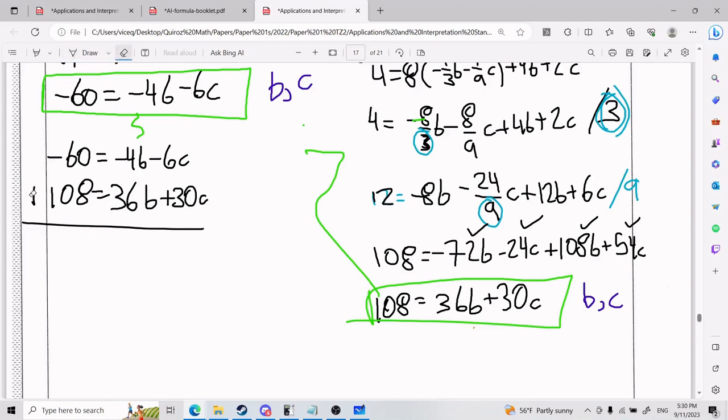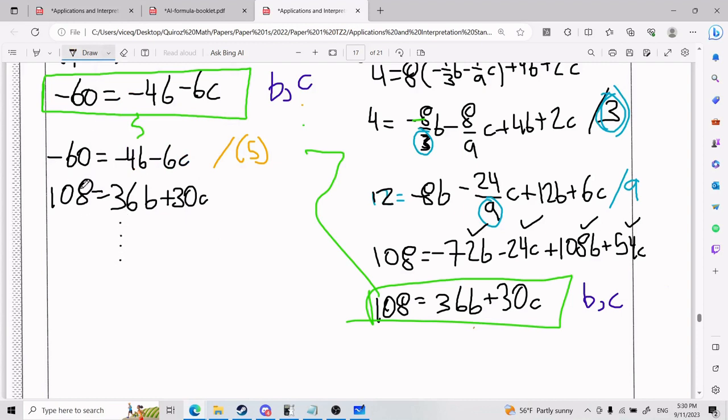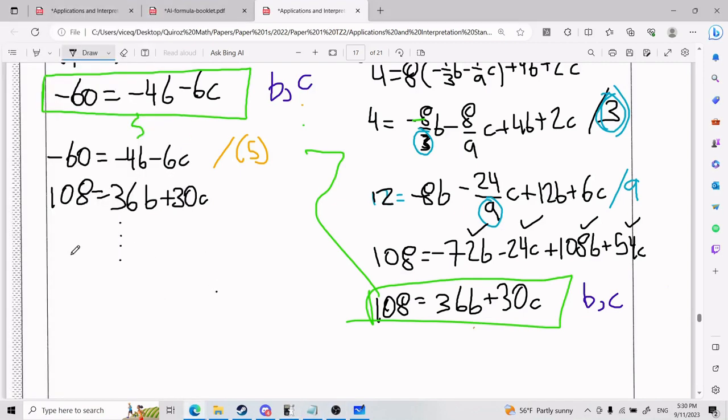But if I change the one up top by multiplying by 5, okay, so I multiply everything by 5, you're going to see that I end up with, well, negative 60 times 5 gives you, I'm pretty sure it's negative 300, but I just really don't want to be wrong. Okay.